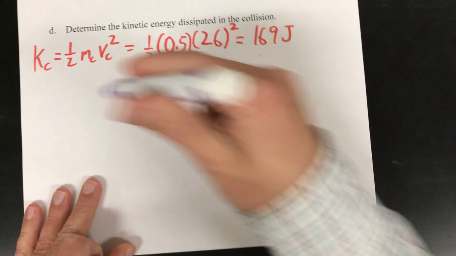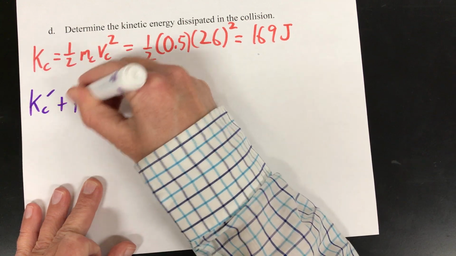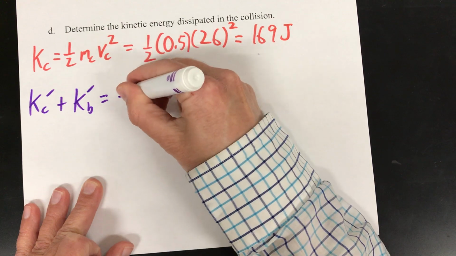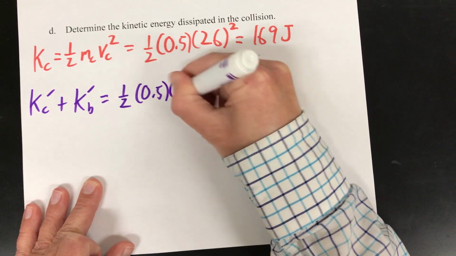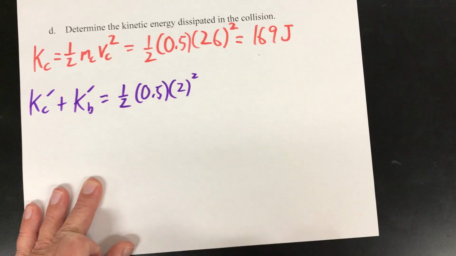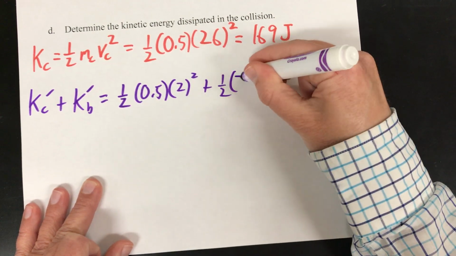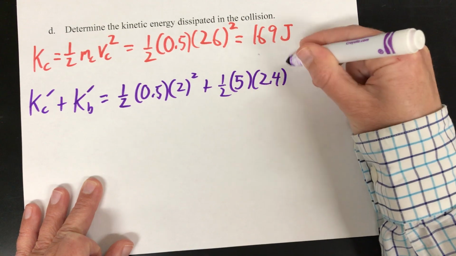Now, let's find two kinetic energies, the kinetic energy of the cube afterwards and the kinetic energy of the ball afterwards. So for the cube afterwards is 1/2. Mass of the cube again is 0.5. We've already solved that afterwards the cube will be going 2 meters per second. Don't forget to square it. And then kinetic energy of the ball, 1/2. The mass of the ball is 5 kilograms, and we've already solved for its velocity afterwards.